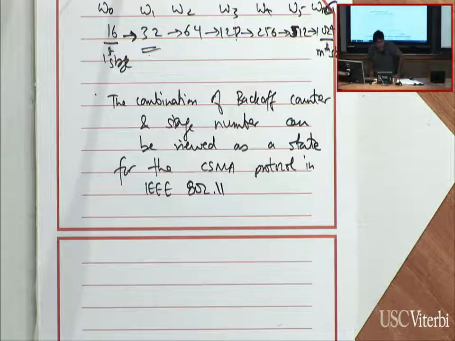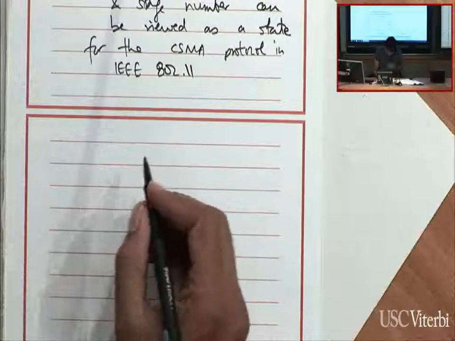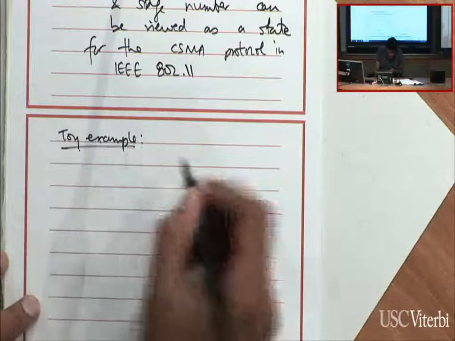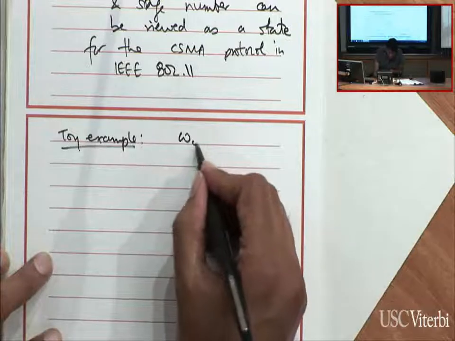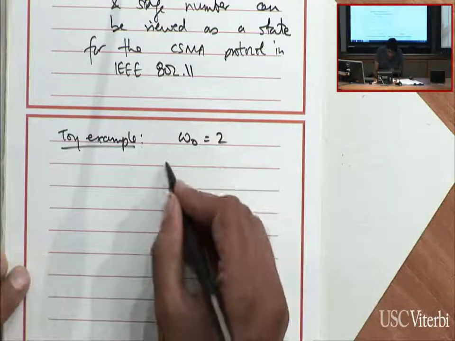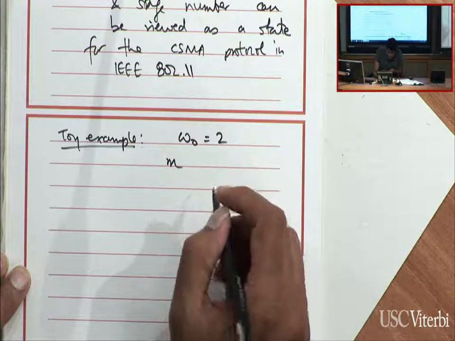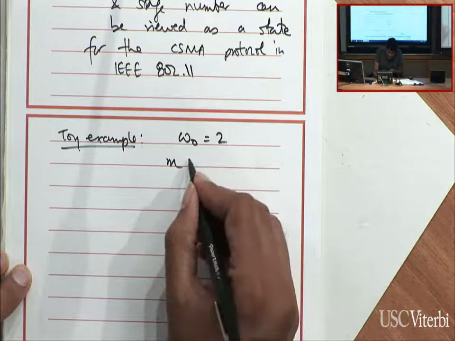In these 802.11 standards. So let's take a toy example just to work with it, where we're going to say the W0 is just 2 and the number of stages is, let's take 3 stages. Okay.